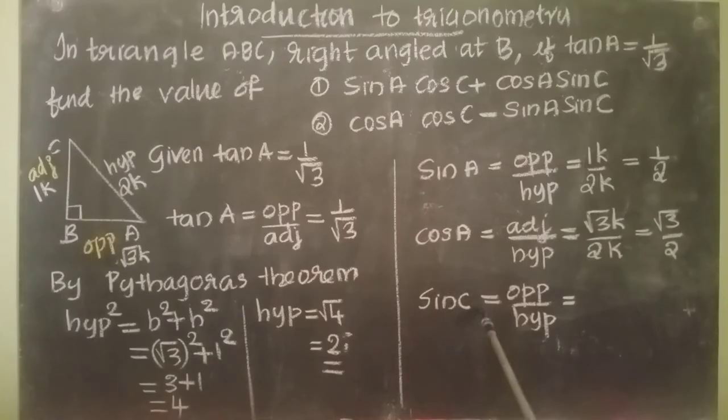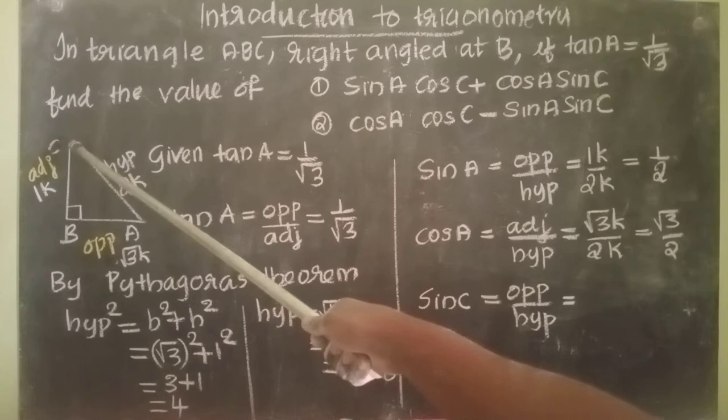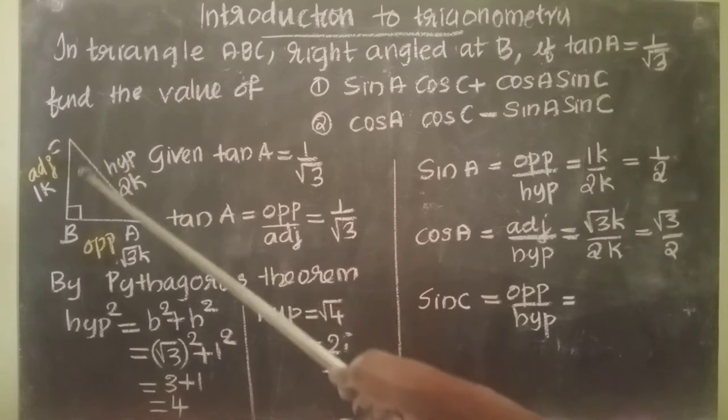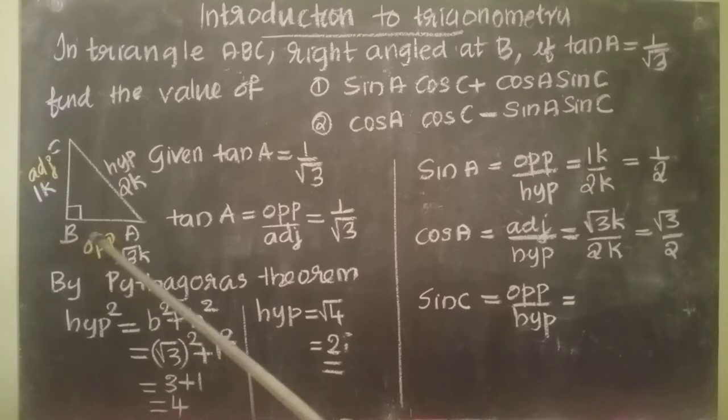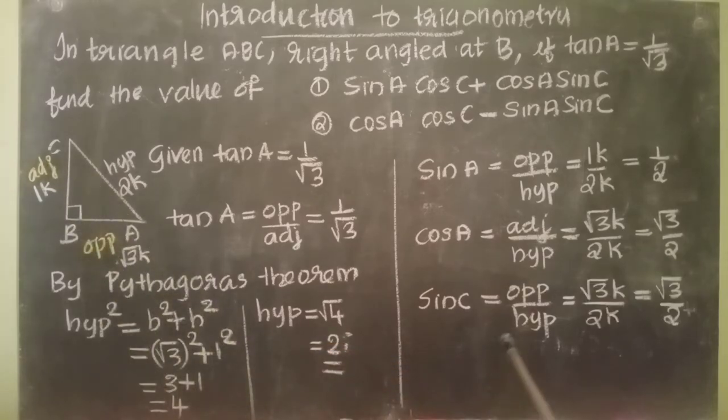Next, sin C. In this case, the acute angle is C. So, the adjacent side and opposite side will change according to angle C. You see here, this is angle C and this BA is the opposite side of angle C and this BC is the adjacent side of angle C. So that is equal to root 3k by 2k equal to root 3 by 2.